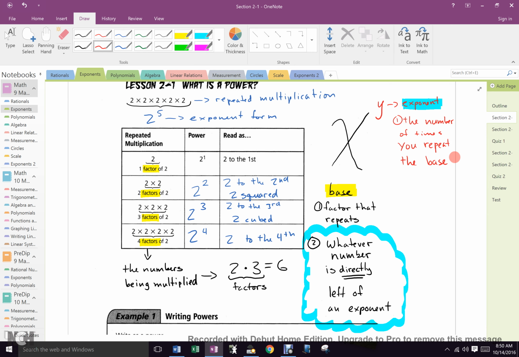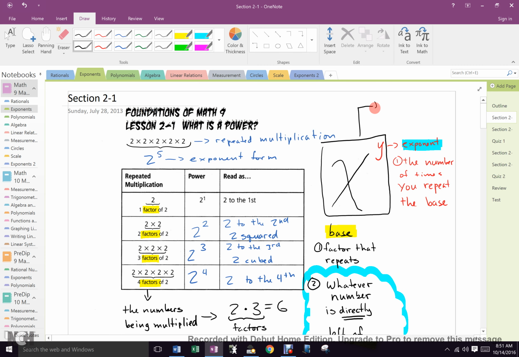Now, you guys all know this from yesterday because we talked about it yesterday, right? Okay. And then we're going to write one more thing about this. The whole thing together, an exponent and a base, is what we call a power.